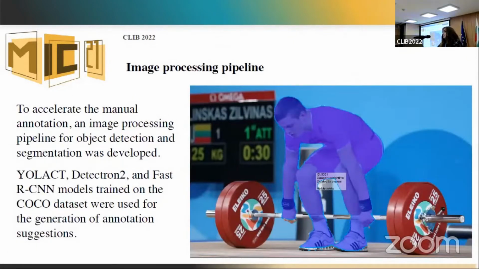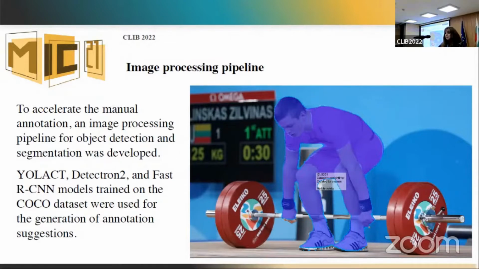Actually, because we had a very limited span of time, and our aims were quite changed, we decided to develop a pipeline for automatic preprocessing, automatic labeling of images, and also automatic outlining of image boundaries.